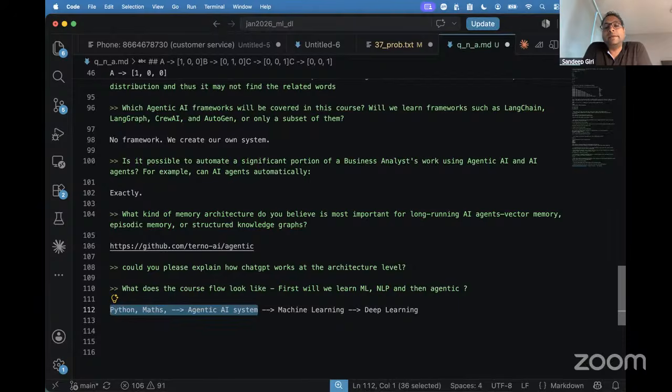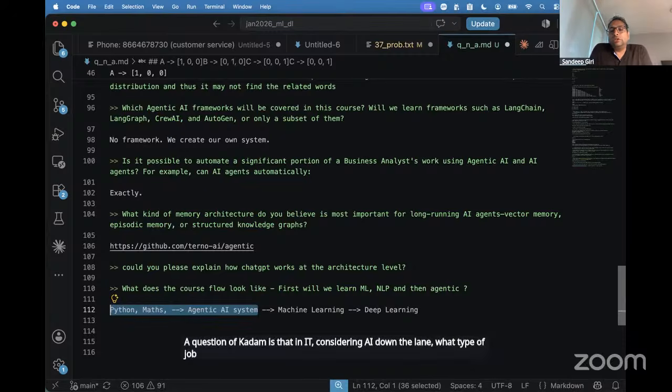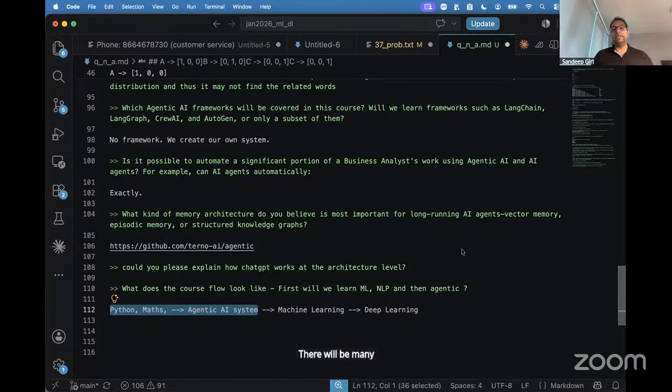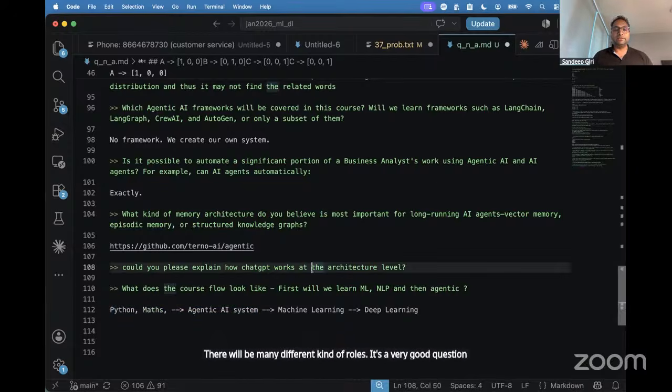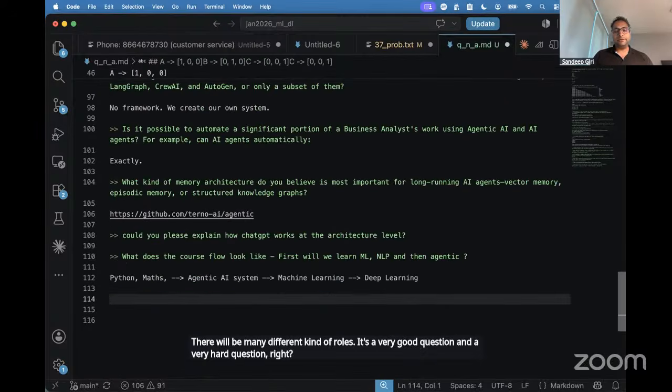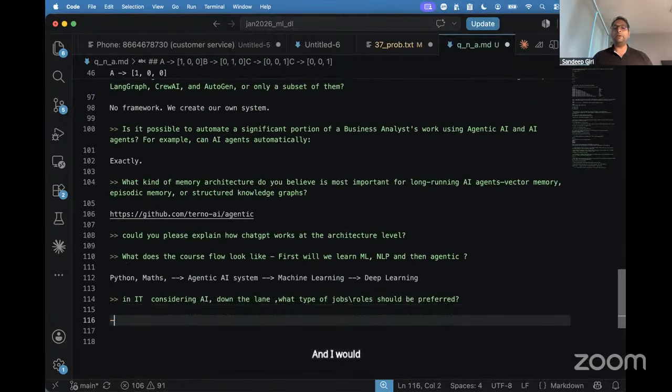A question of Kadam is that in IT, considering AI down the lane, what type of job roles should be preferred? What I very clearly see is that there will be many different kinds of roles. It's a very good question and a very hard question, right? There will be many new jobs coming in, like the agentic AI architect, right?